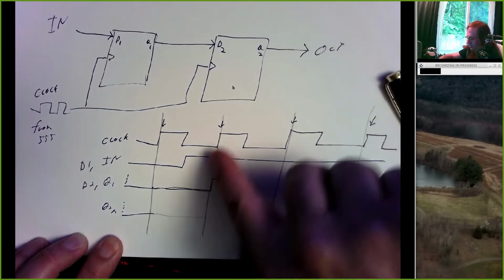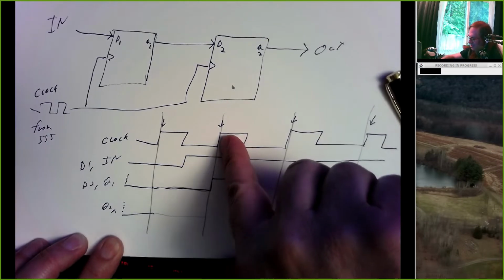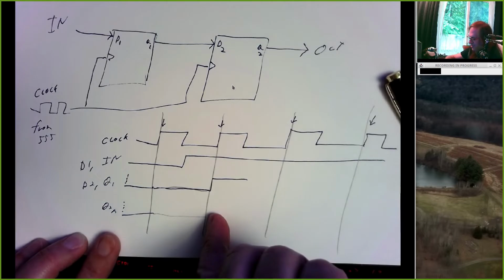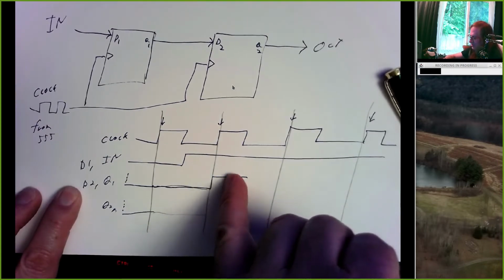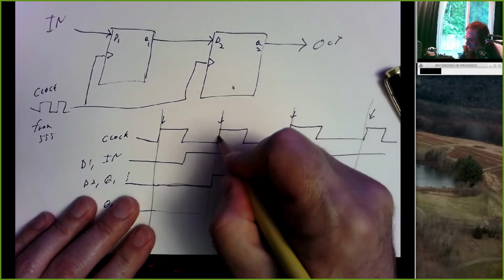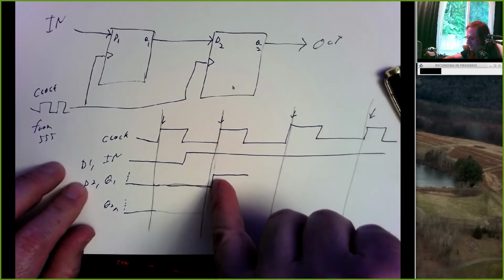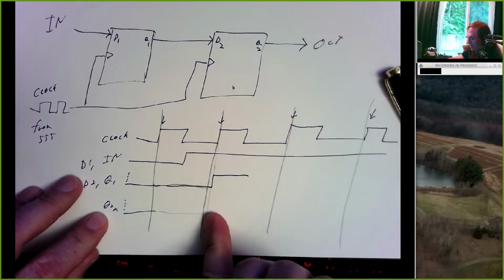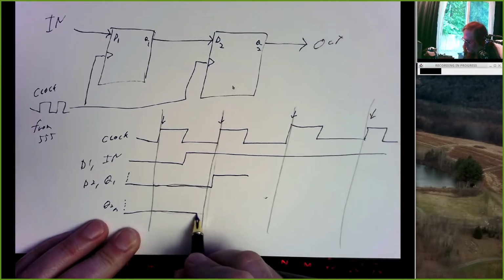So just looking at this point in time right now, where this clock tick occurs, is Q2 going to change at this moment? No, the next one. Right? It's not going to change because at this moment, D2 is a 0. So I should have drawn a little propagation delay there. So let me cheat and make a sloppy line. Right? At the moment when the clock ticks, D2 is a 0. That's what this flip-flop samples, and it says, oh, D2 is low, okay, Q2 is going to stay low.